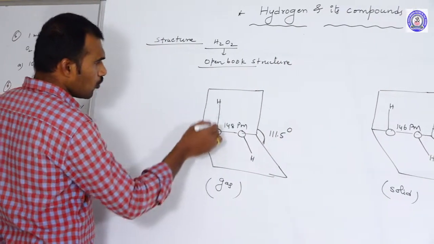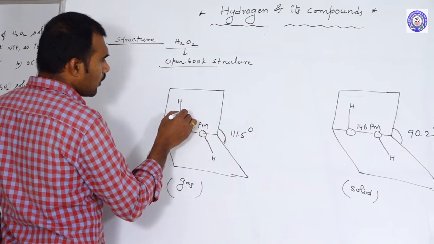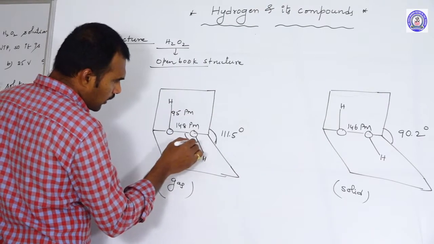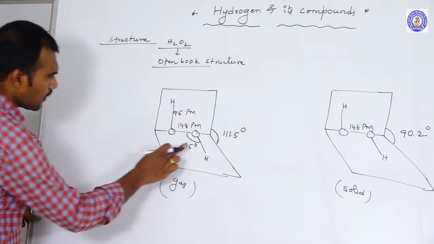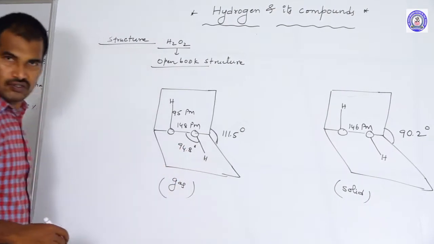Okay, so what is the OH bond length here? The OH bond length here is approximately 95 picometers. Even the bond angle is almost 95, exactly 94.8 degrees.